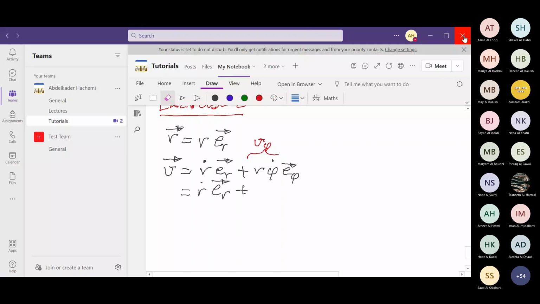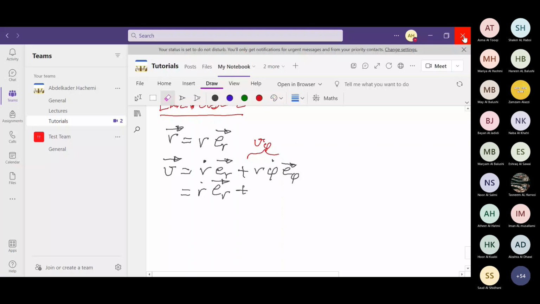The quality of the writing is not good, but we have to handle it. The velocity V we can write as R dot ER plus R phi dot E phi.